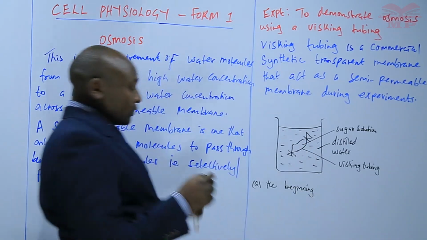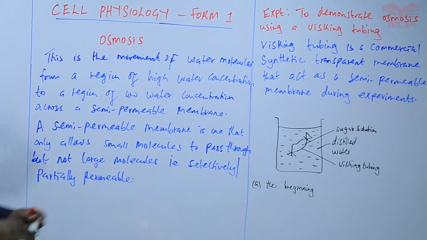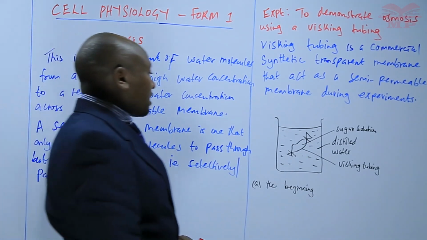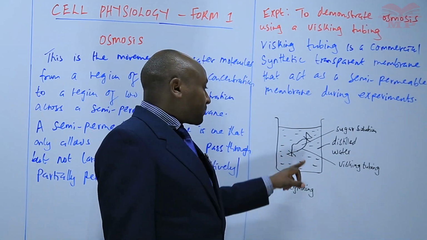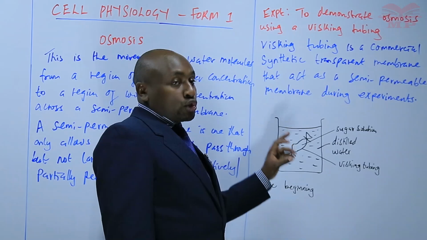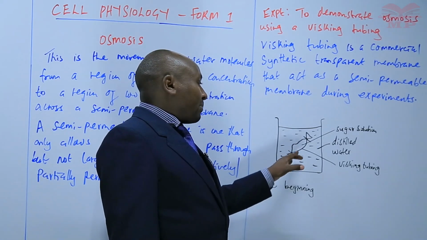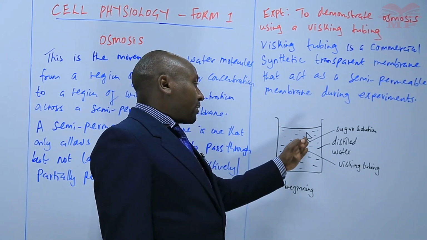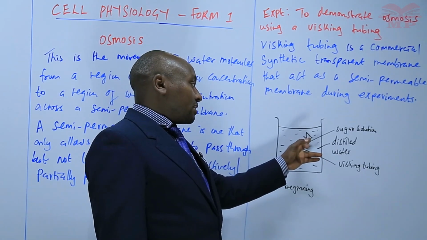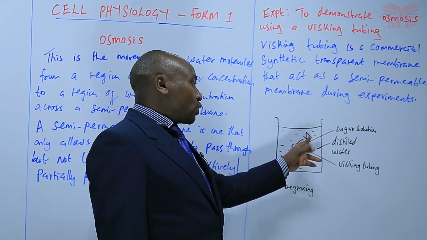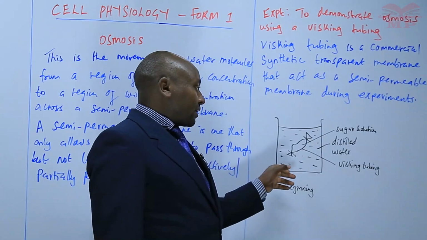So how you set up the experiment is that we get a whisking tubing. You tie at one end. Then you put some sugar solution up to a certain level, and then we tie the other end to make sure that the sugar solution does not spill out.